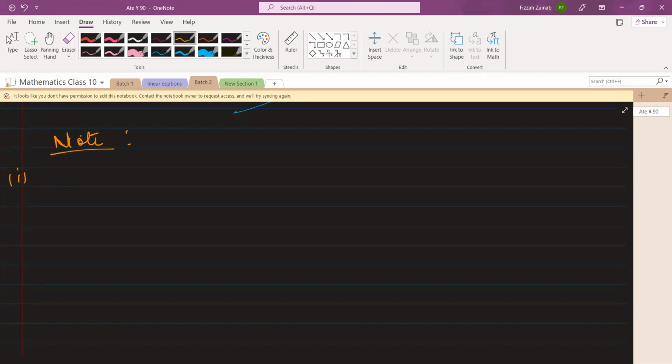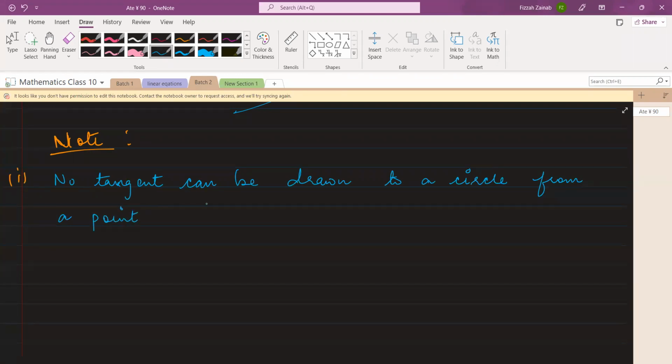First, no tangent can be drawn to a circle from a point lying inside it. Is that clear?